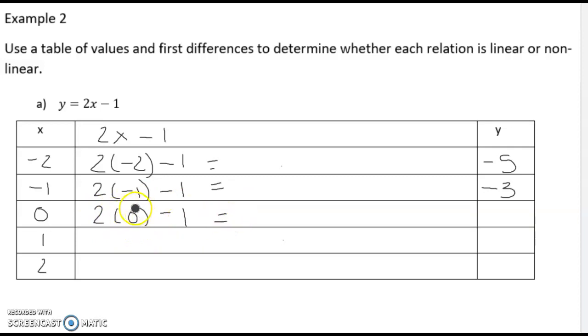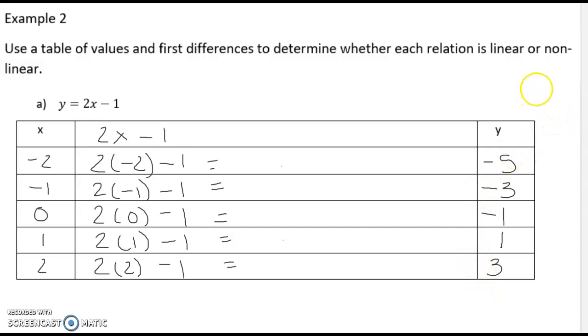Well, 2 times 0 is 0. 0 minus 1 is -1. Next, 2 times 1 minus 1. So 2 times 1 is 2. 2 minus 1 is +1. And the last one, 2 times 2 minus 1. So 2 times 2 is 4. 4 minus 1 is 3.